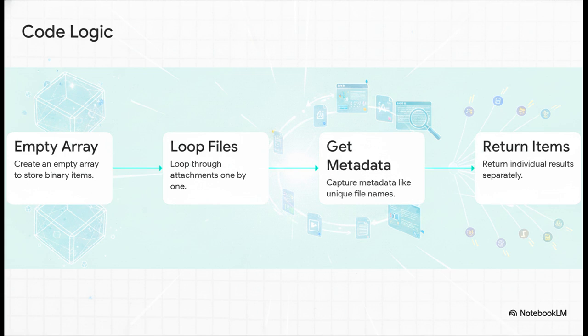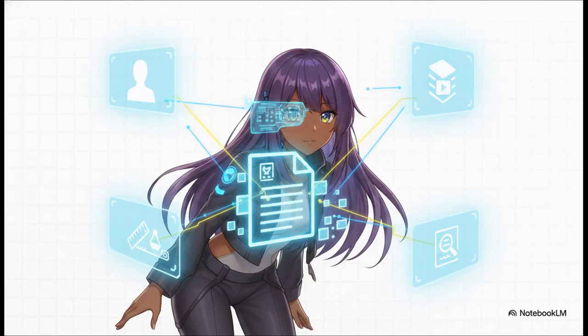Let's actually zoom in on that third step for a sec, the metadata capture, because this is where the code goes from good to absolutely amazing. It's not just mindlessly chopping up the bundle, it's actively analyzing your data. Like if a file somehow sneaks through without any binary data attached, the code is smart enough to just skip it entirely.